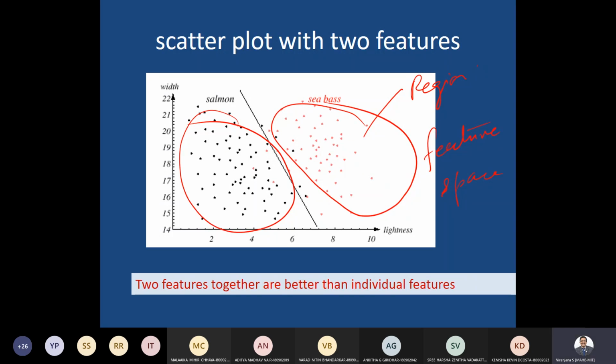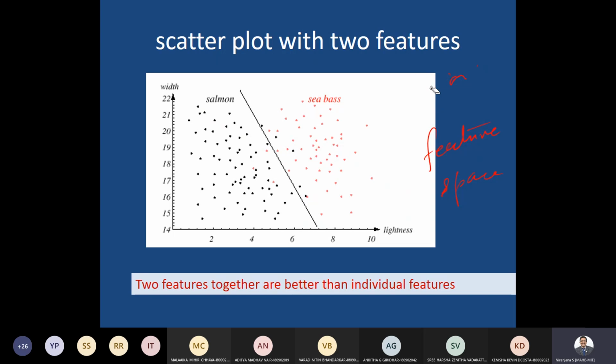All the points which look similar, or of similar class, we call as belonging to a region. They just plotted all the samples of sea bass and salmon with respect to two features, maybe length and width, or lightness versus width.